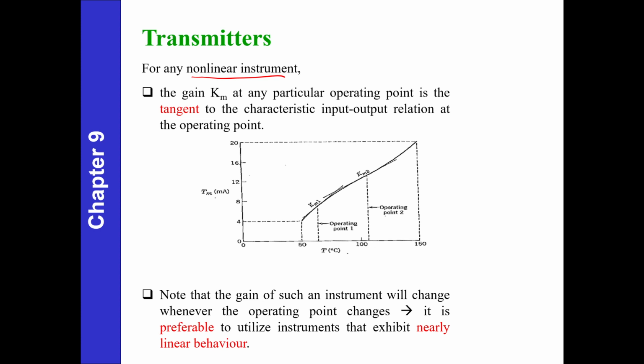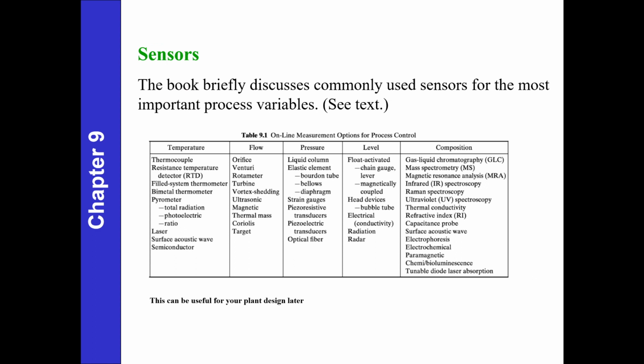There are, but people always assume it to be linear because it also shows linear behavior. Don't worry so much. So this is a sensor. In detail you can get it from the textbook. This sensor might be useful for you in plant design later on.